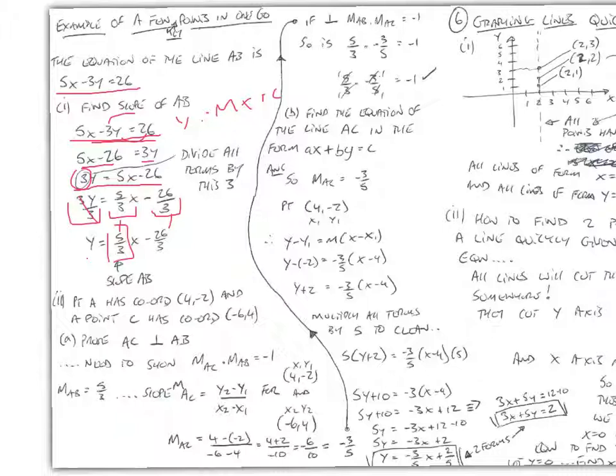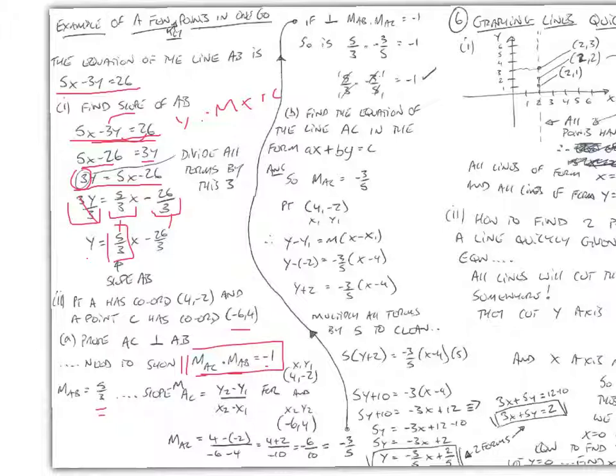Part 2. Point A has coordinates (4, minus 2), and point C has coordinates (minus 6, 4). Prove that the line AC is perpendicular to AB. So we need to show that the slope of AC times the slope of AB is equal to minus 1, from the formula from before. The slope of AB is 5 over 3.